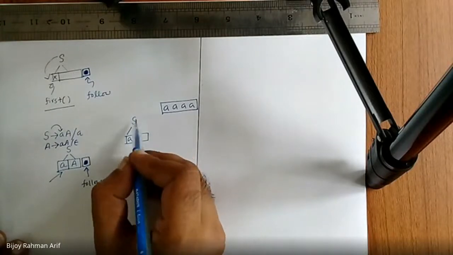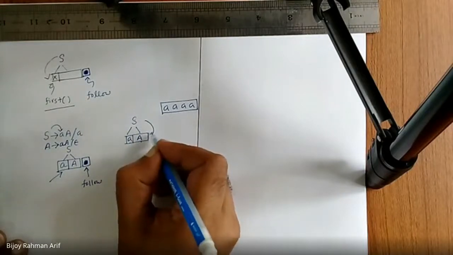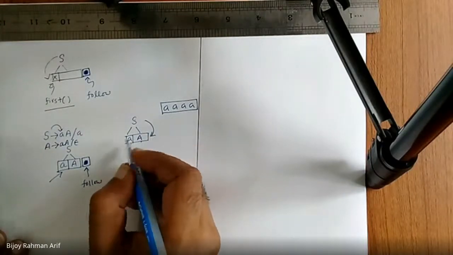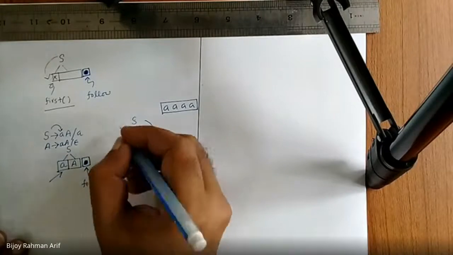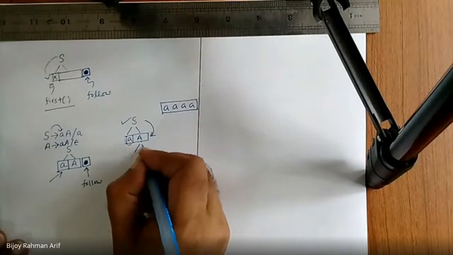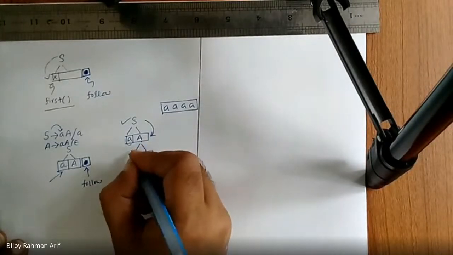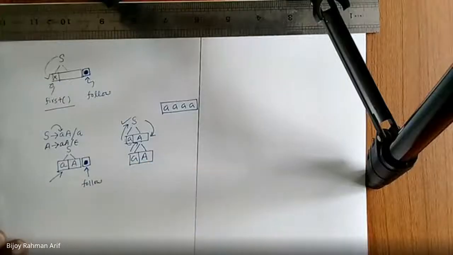Let's assume we have used S to AA. During this derivation step, whatever comes at the very beginning is the first of S. Am I right? Now, if you derive again A to AA, whatever comes at the very beginning is first of this one. So this way we can calculate first, and we have seen the algorithm as well.